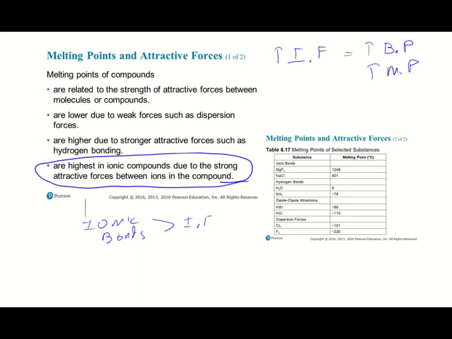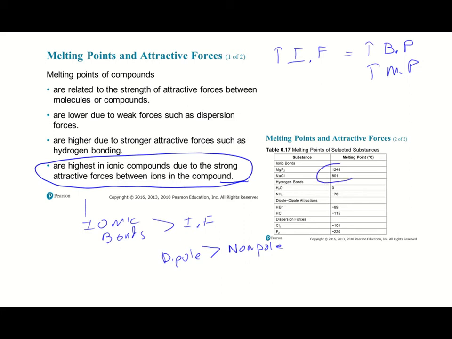Because dipole-dipole interactions are stronger than London dispersion, dipoles have higher melting points than do nonpolar molecules that have to rely only on London dispersion. And you can see that in this chart over here.